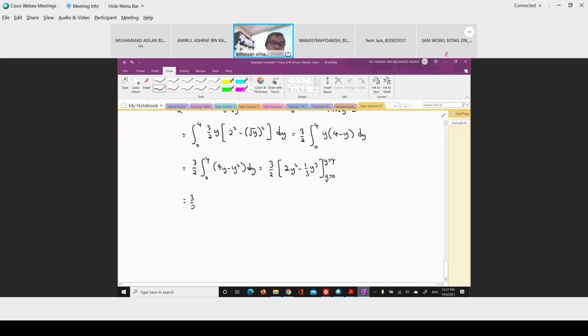If we substitute y equal to 4, we get 2 times 16, and then 4 cubed is what? 64, right? And y is 0, it's 0.